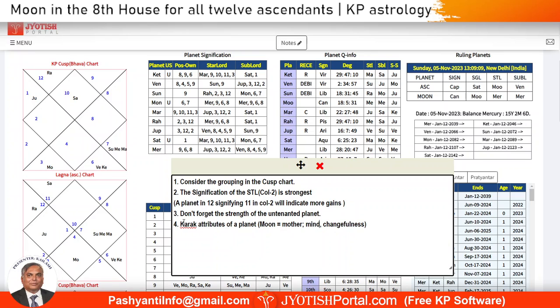But the karaka is one thing that is important when you're looking at the grouping of the houses.